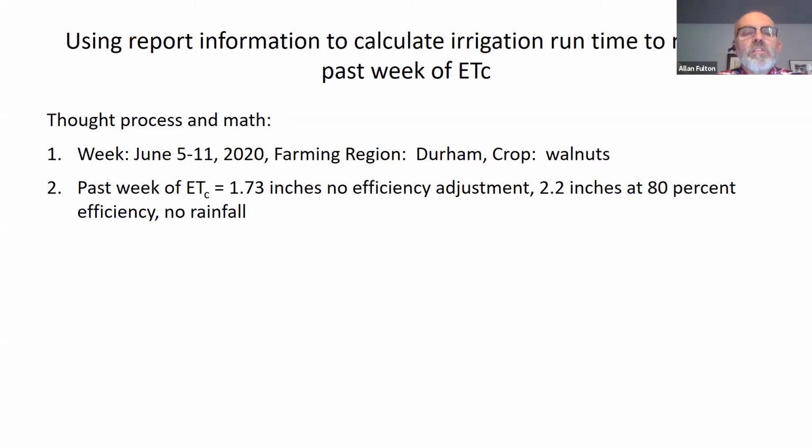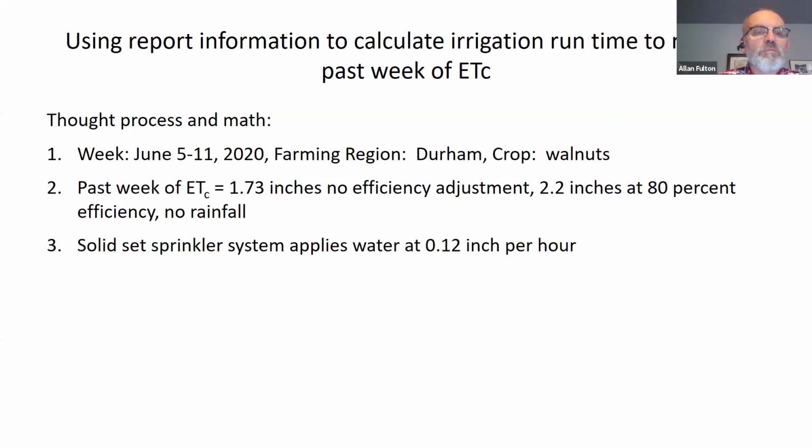The ETc was 1.73 inches with no efficiency adjustment for the irrigation system. I've chosen the 80% efficiency factor because of the nature of the solid set sprinkler. So I'm looking to determine the hours of runtime to apply 2.2 inches. And there was no rainfall to contribute towards that 2.2 inches of water use.